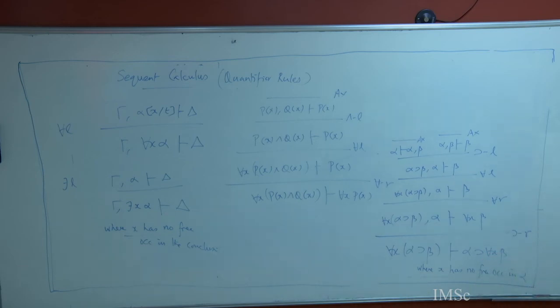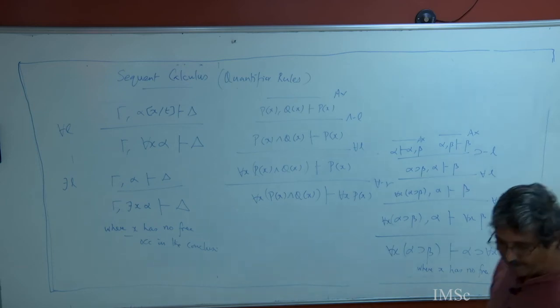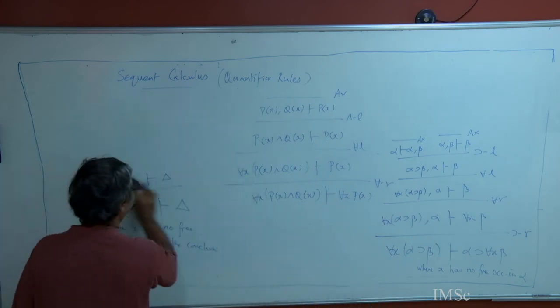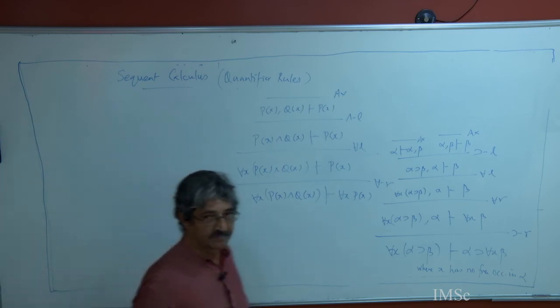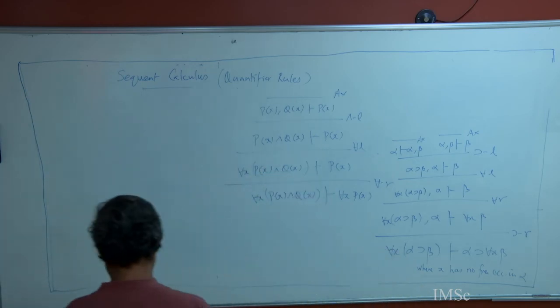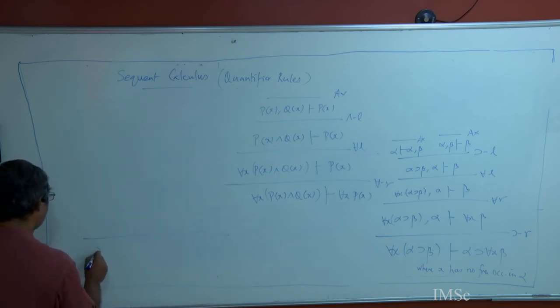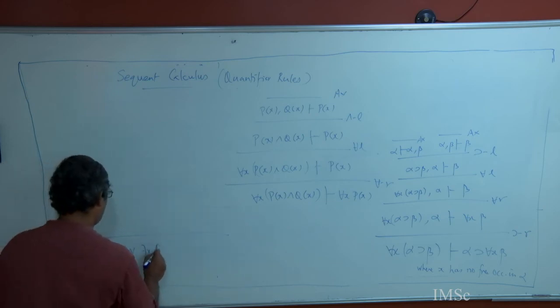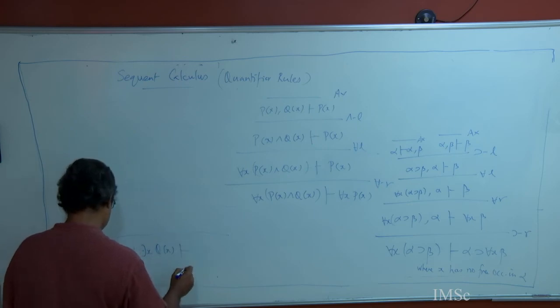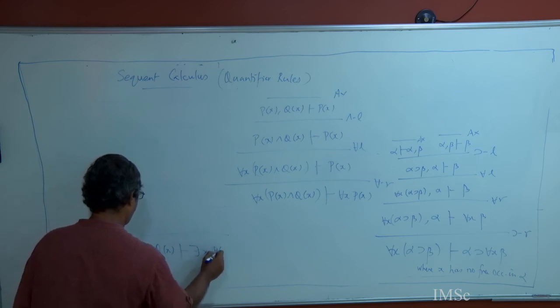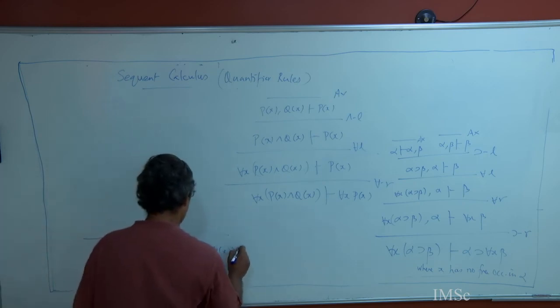Let me maybe do one with the existential quantifier. There exists x Px or there exists x Qx derives there exists x (Px or Qx).